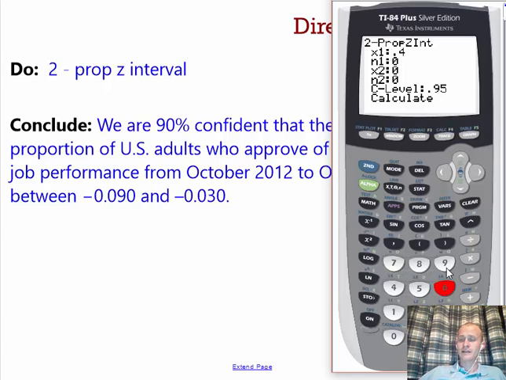So I'm going to type that in. But that's looking for a number instead of a proportion. So to get that number, I'm going to multiply that by our sample size, 1,500. Hit enter, and then you see that it calculated that number for me. Our sample size is 1,500.